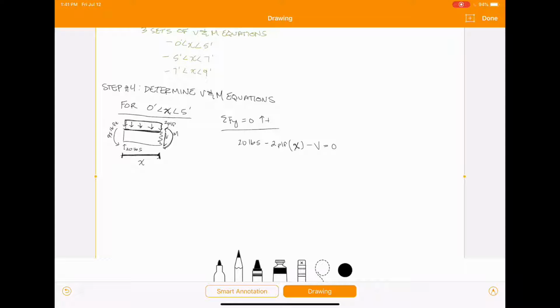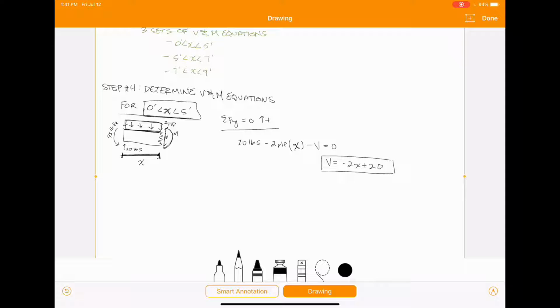Then we can go ahead and solve for V, and we get that that's negative 2x plus 20. So that's our equation for shear for this first part of the beam, for the beam that lies between 0 and 5 feet.